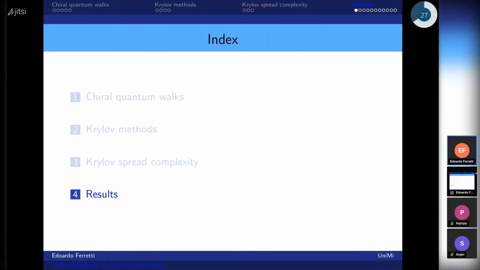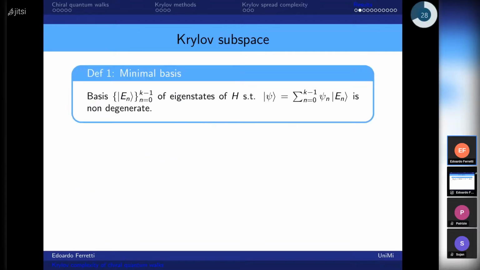So we start with my results, what I've achieved in this work. First of all, since making computations makes you reason a lot about the tools you're using, I was able to find some non-trivial relations which are not directly connected to the application of Krylov complexity to quantum walks, but rather concern Krylov complexity by itself.